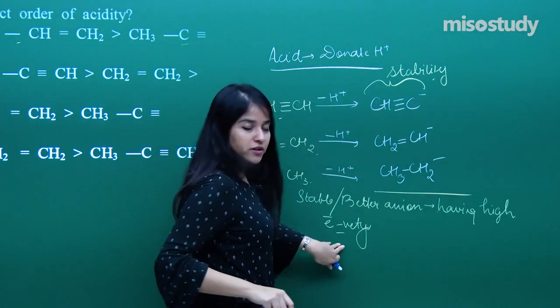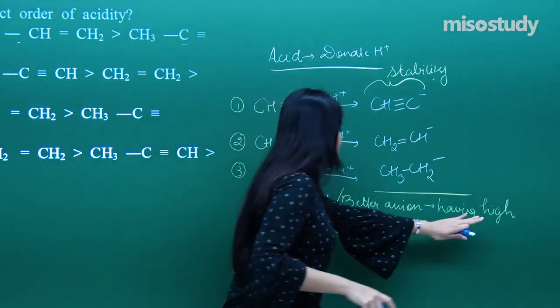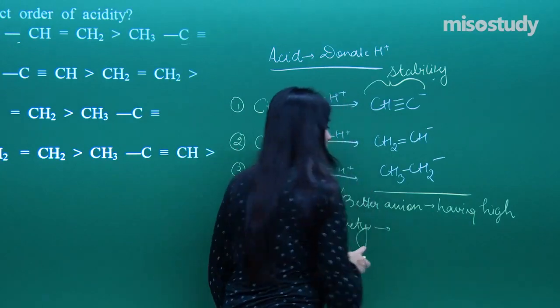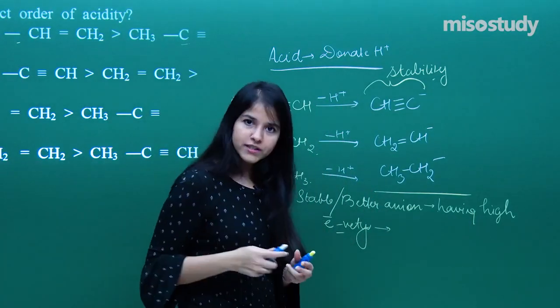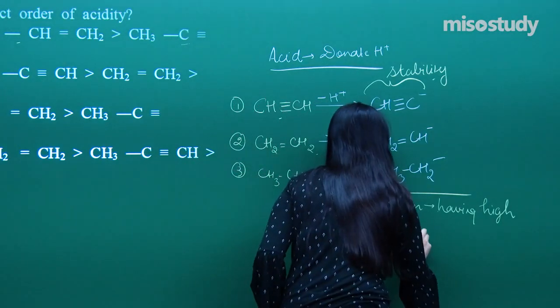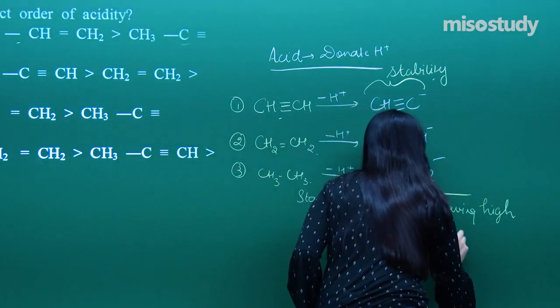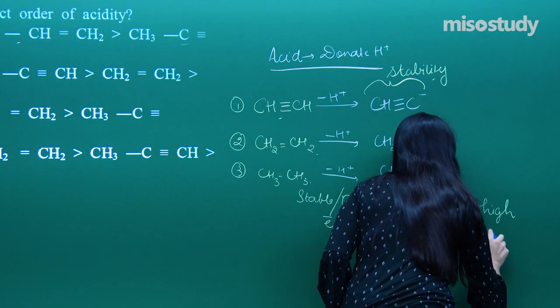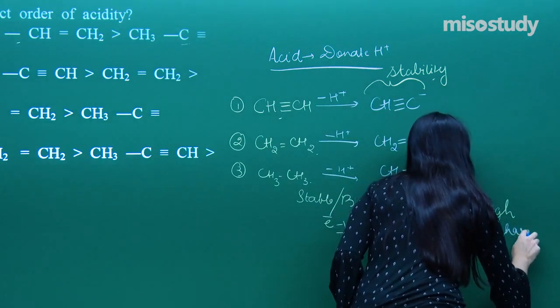I'm writing this in short, that is electronegativity. Having high electronegativity means able to hold the negative charge. That is what a stable anion is. So that would be our approach.